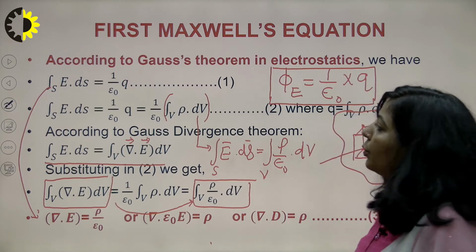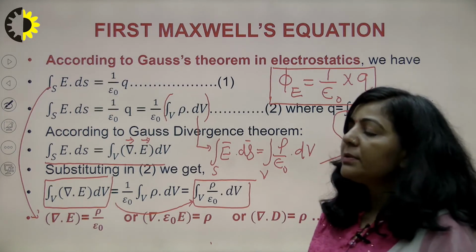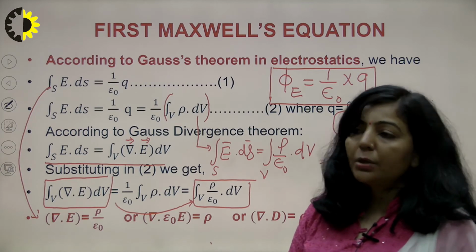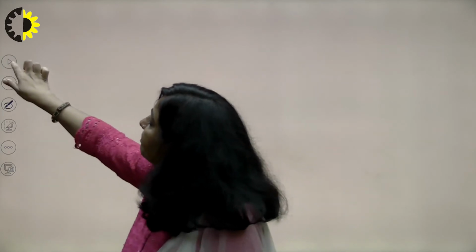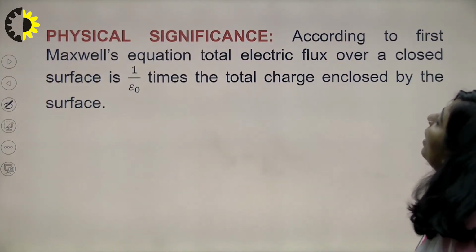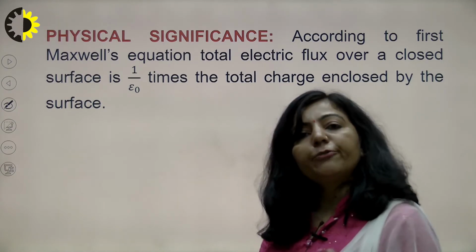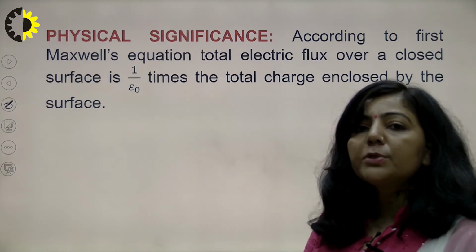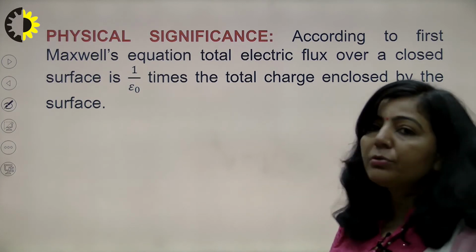Clear? So next, we will try to understand the significance of this Maxwell equation. What is this equation? This equation is the differential form of Gauss law in electrostatics. It means this equation represents Gauss law in electrostatics.